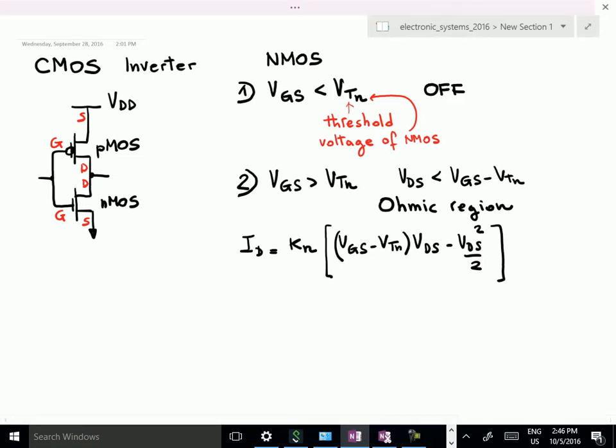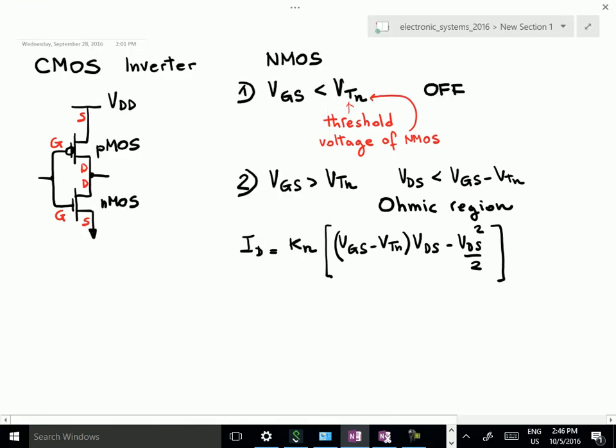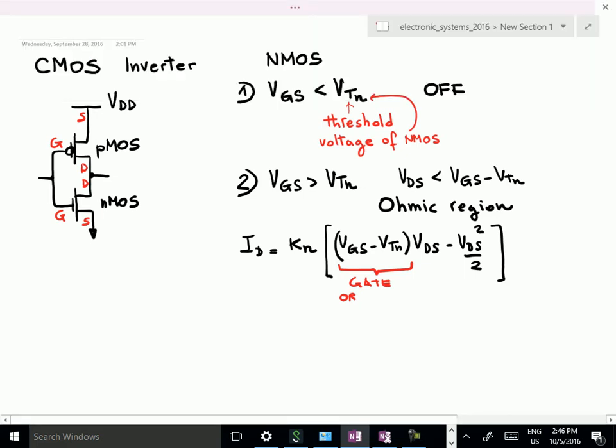Just to mention a name, this voltage is called gate overdrive. So the overdrive is the gate voltage minus the threshold voltage.